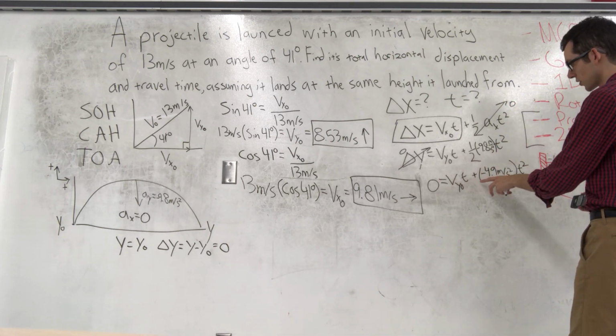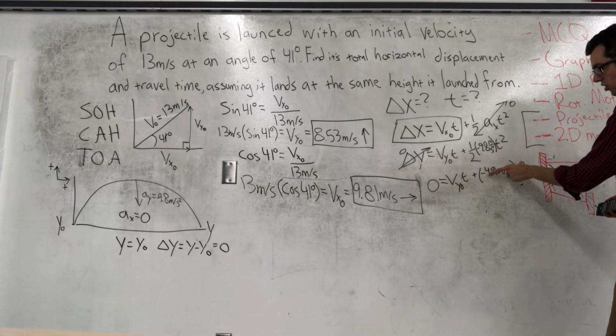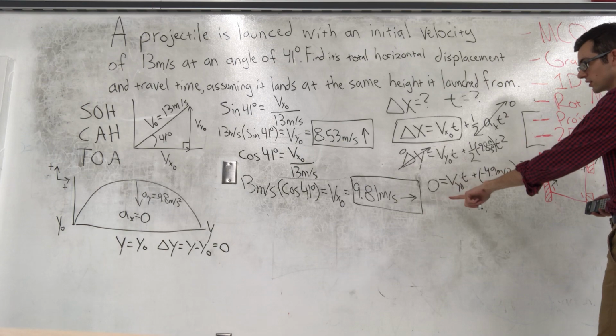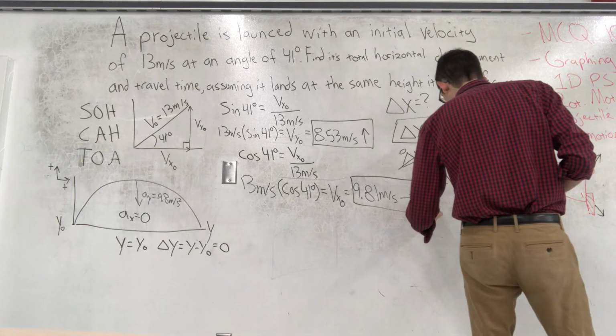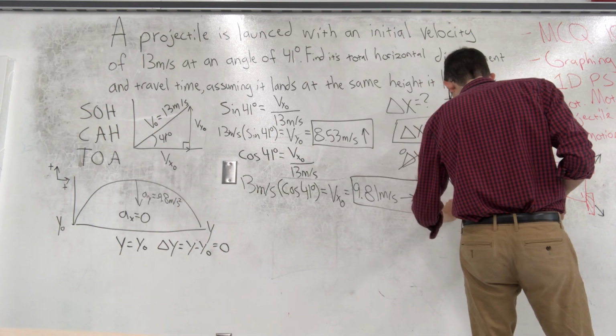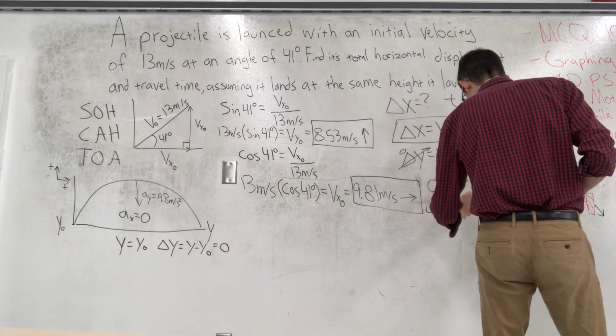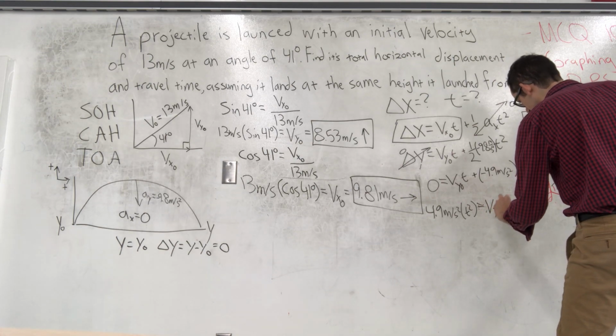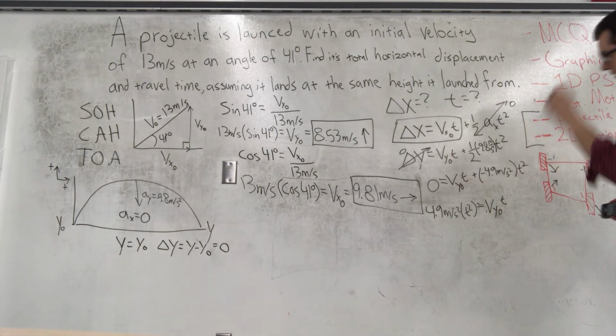If we simplify this further, we can move this entire term on the right over to the other side. And because it's a negative, we'll add it and it'll become positive. So we'll get 4.9 meters per second squared times t squared is equal to vy initial times t.